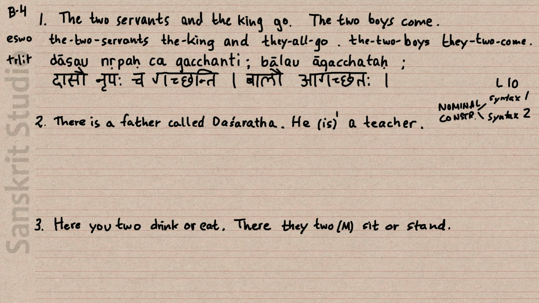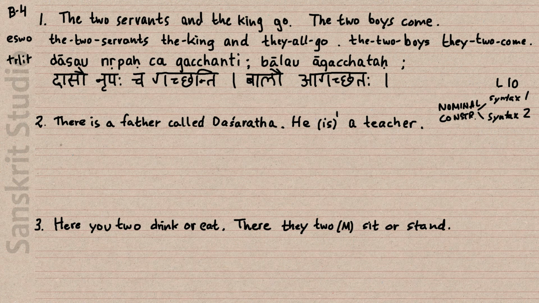So if I have he is a teacher, where should I put the he? Should I put the he first in the sentence or last in the sentence? That is the question. Okay, so we'll come back to that in a minute.